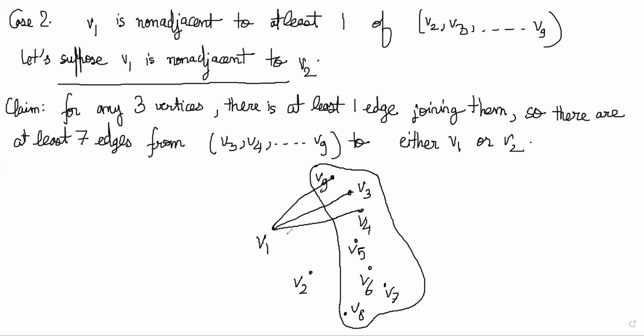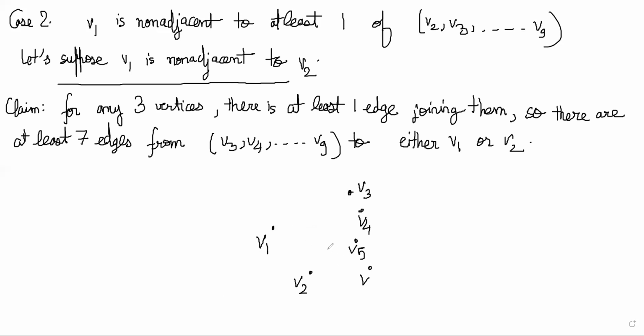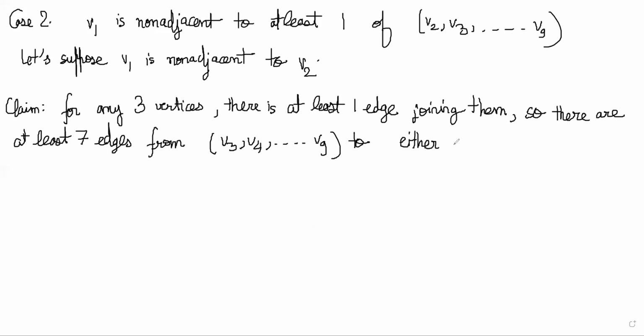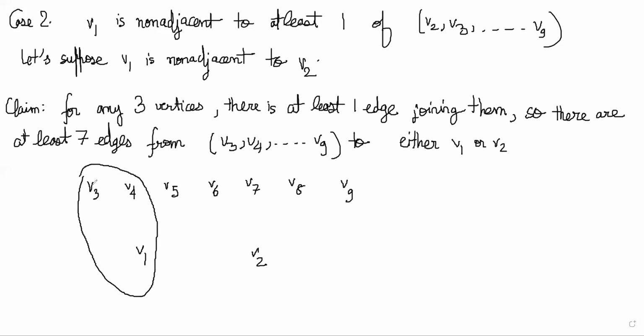Now that already makes 7 edges. Even if that was not the case, what I can say is, if I have V1 and V2 and V3, V4, V5, V6, V7, V8, V9, what we know for sure is that V1 and V2 are not connected. But from the problem itself, we know that if we take any three of these, there must be one edge between them.